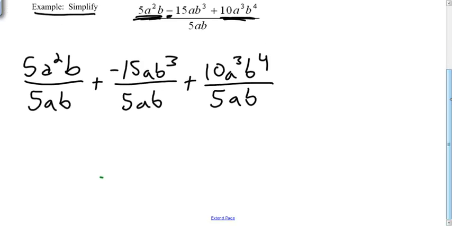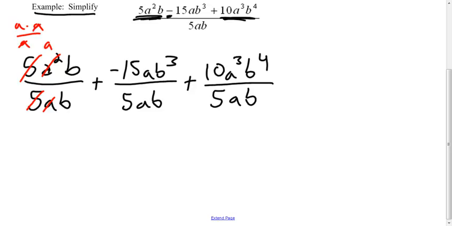Now, to figure this out, we just simplify each one individually, and we can look at our first one and notice that 5 goes into 5 one time. So those ones divide out, leaving us just with 1. A goes into a squared and leaves us just with a. Now, how we can see that is a squared, again, being a times a over a.